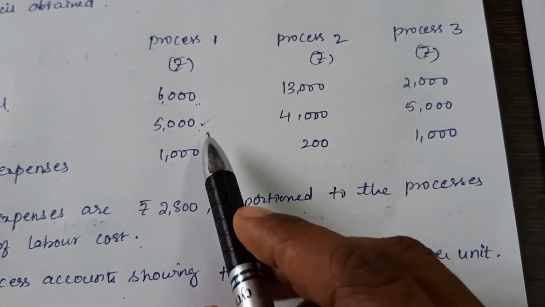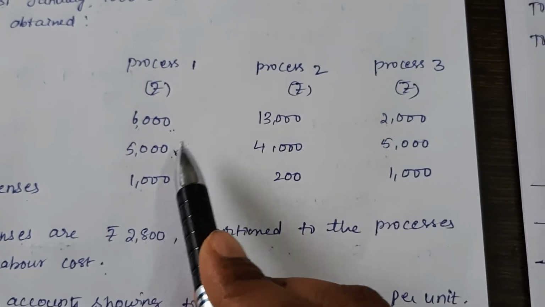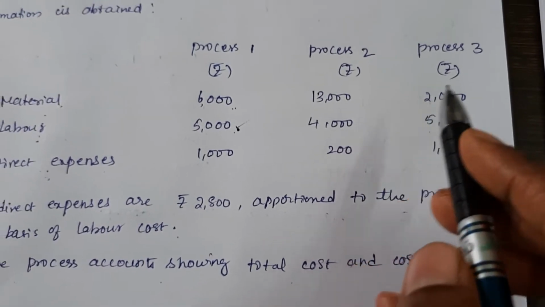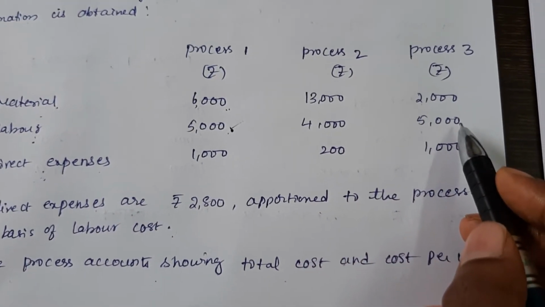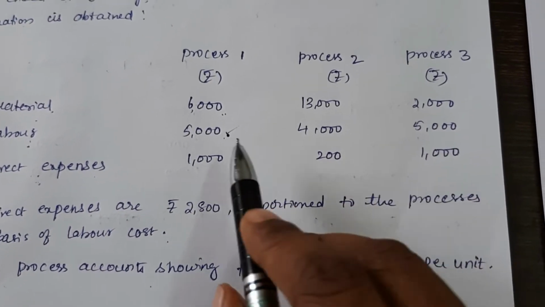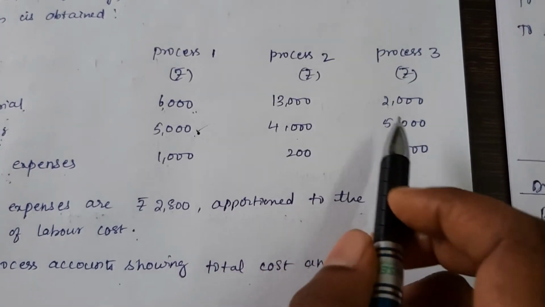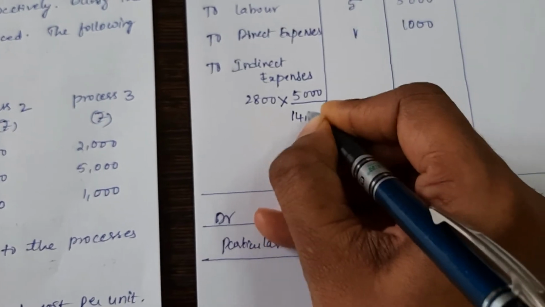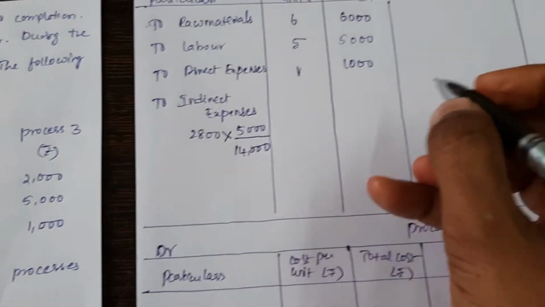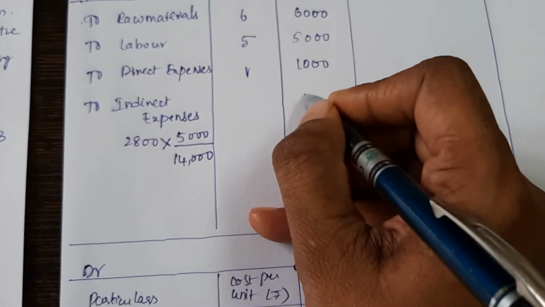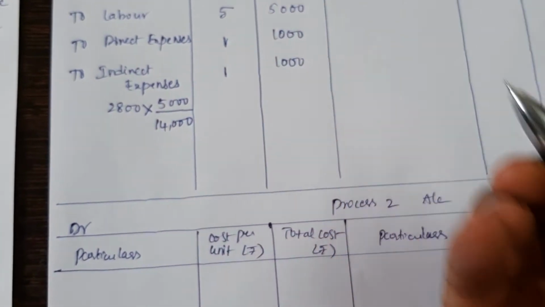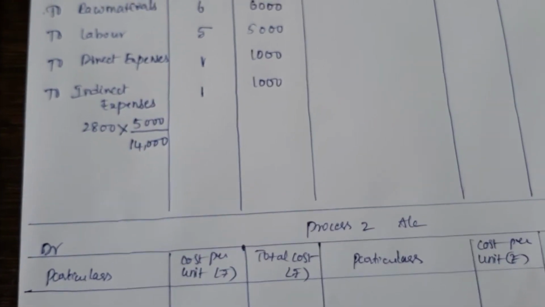The first process labor cost is 5,000, the second process labor cost is 4,000, the third process labor cost is 5,000. 5,000 plus 4,000 plus 5,000 will become 14,000. When you solve this, you will get 1,000, and the cost per unit will also be rupee 1.